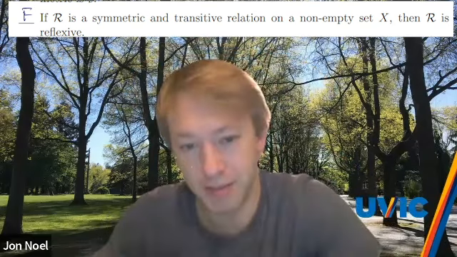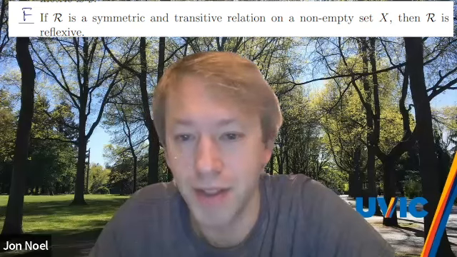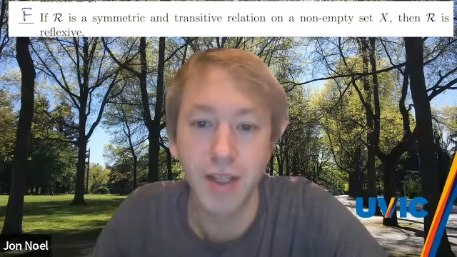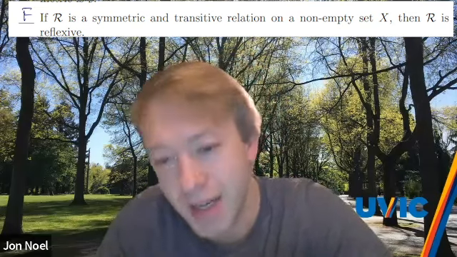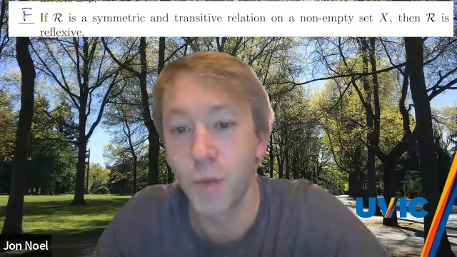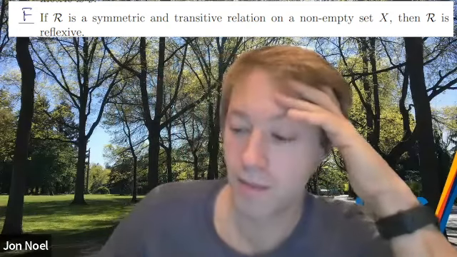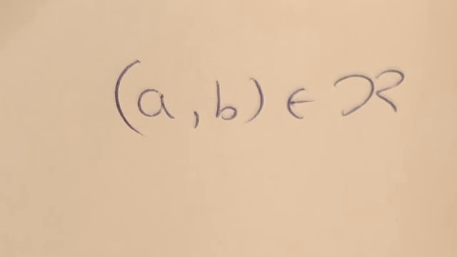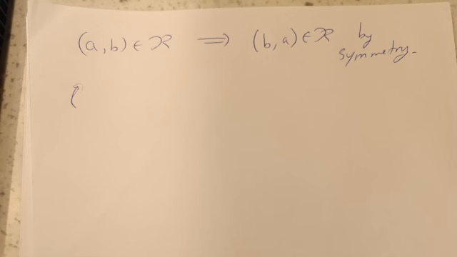But it might be hard to come up with a counterexample to this, because it seems like symmetric and transitive would imply reflexive. For example, if I have (a, b) in R, then it will imply that (b, a) is in R by symmetry.